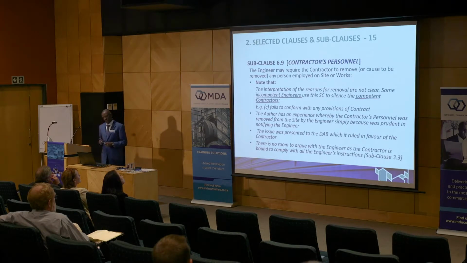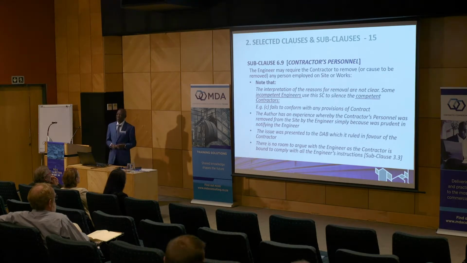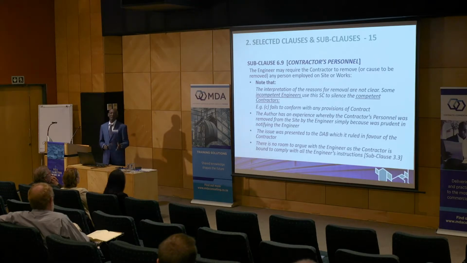It should be appreciated that if the engineer issues an instruction, that is a provision of the contract. And under the contract, the contractor is bound to comply with all the engineer's instructions, whether the instruction is logical or illogical, but he's supposed to comply.